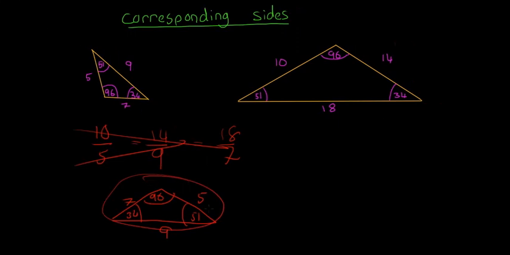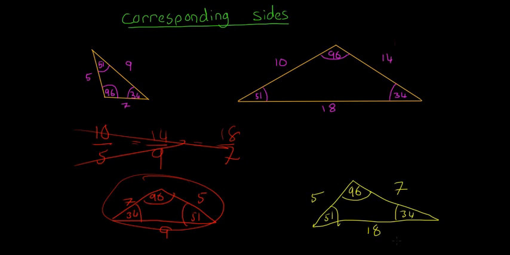I'll draw it in yellow, just flipped around here, so it's the same basic triangle. It's still this one, except now 7 is on this side, 5 is on this side. We have 96, the angle at the top, 51 is the angle at the bottom, and 34 is this angle here, and 9 is what I meant to say.